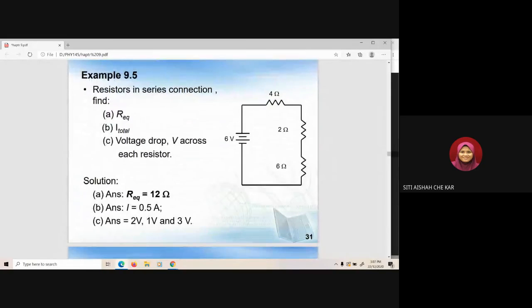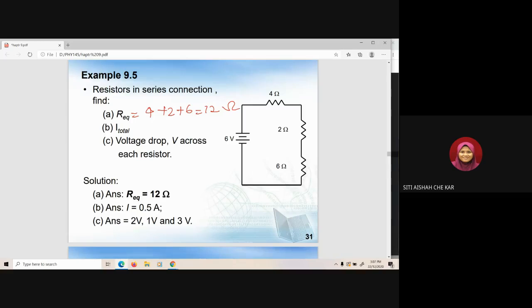Okay, this is example 9.5. R equivalent equals 4 plus 2 plus 6, so we get 12 ohm.